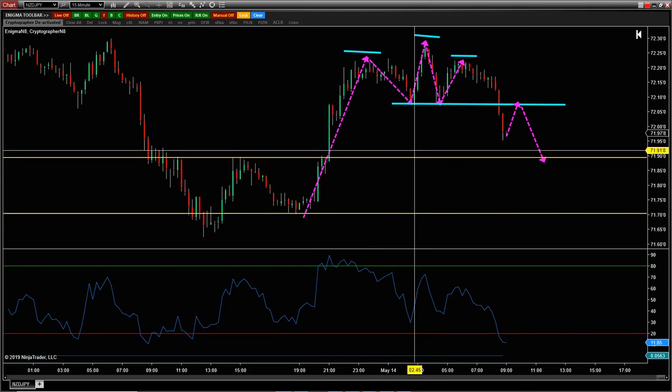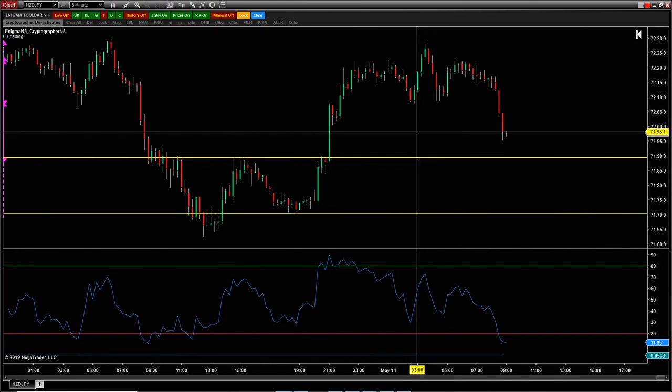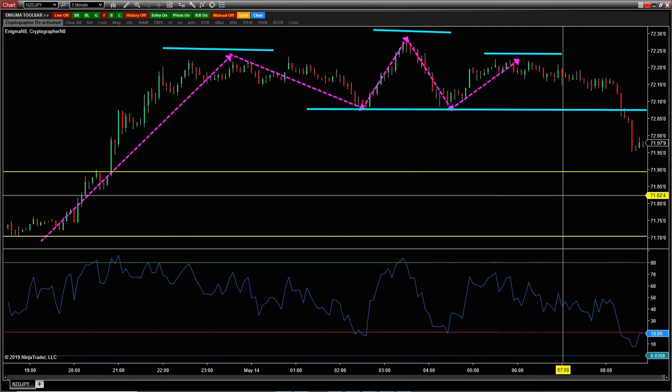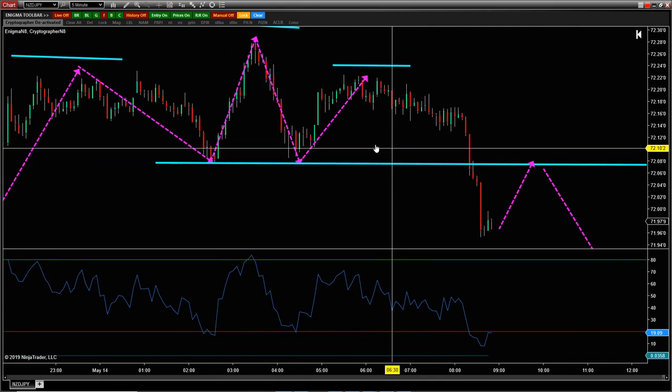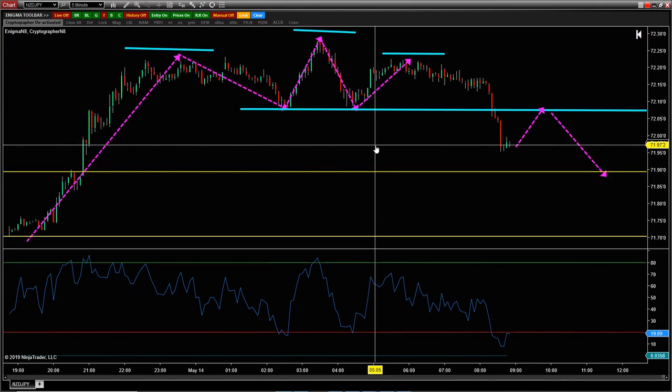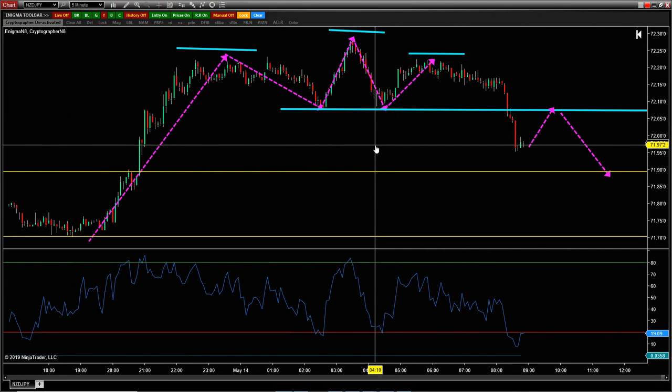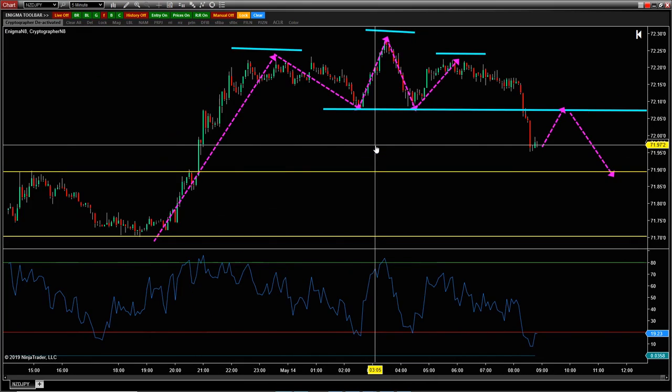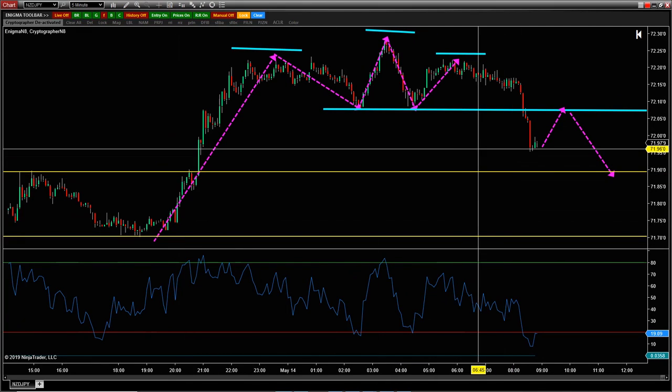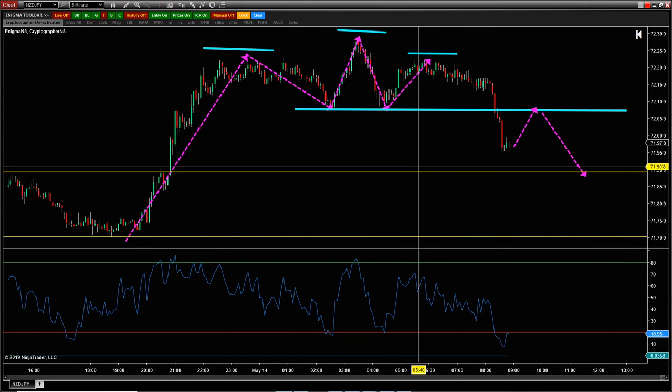That way you'll be able to see how, if, or can you get involved. That said, I've got target 1s at 71.90, right at that inside level, and target 2s at 66s, right below these lows right here. Not a bad situation at all.